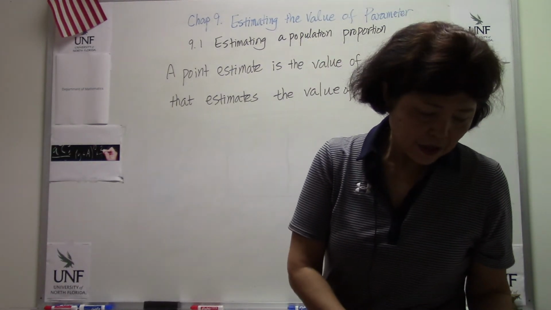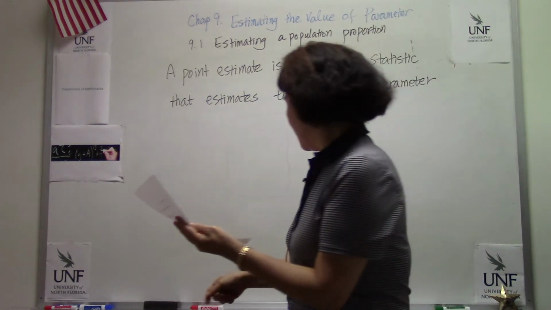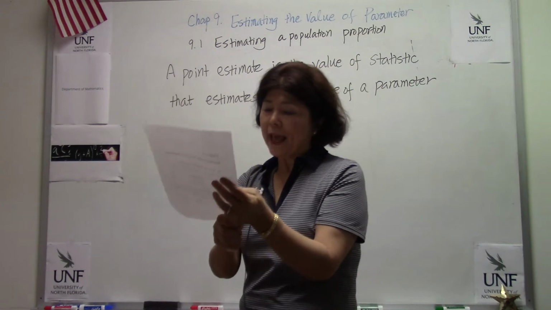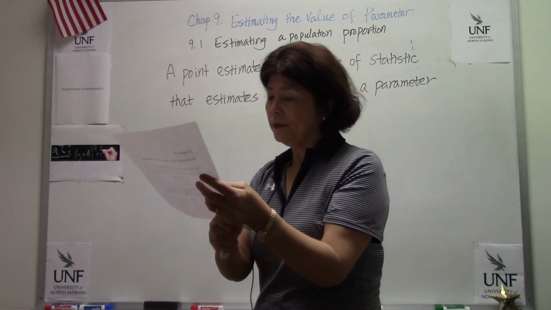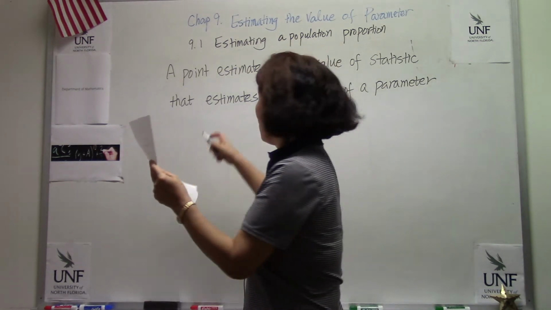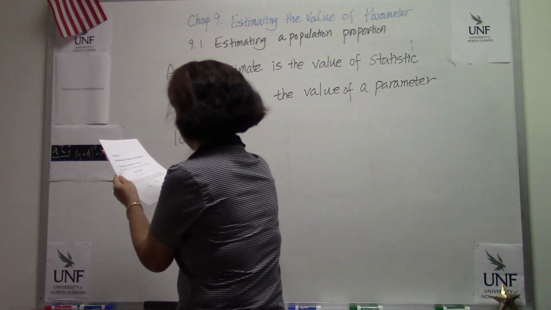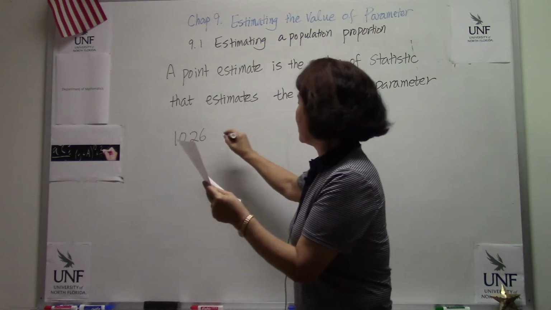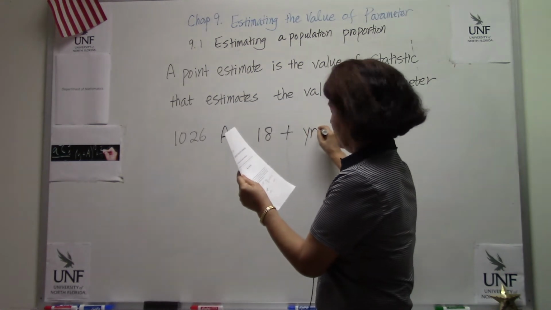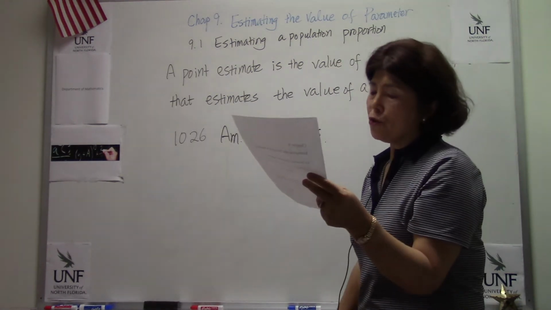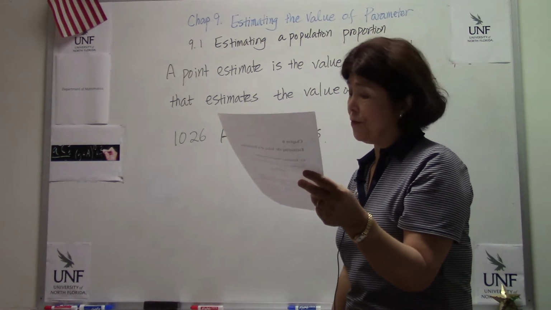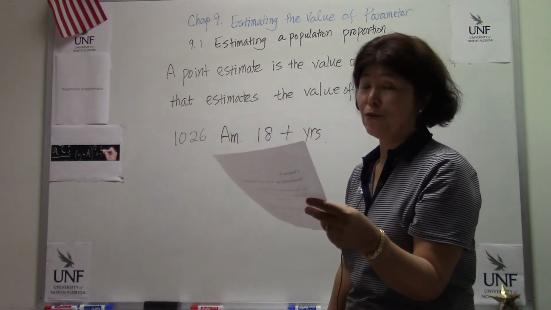So let's take care of this vocabulary. Example 9.11. The Gallup organization conducted a poll in which a simple random sample of Americans 18 and older were asked, do you consider the amount of federal income tax you have to pay is fair? That is a lot of proportion actually.